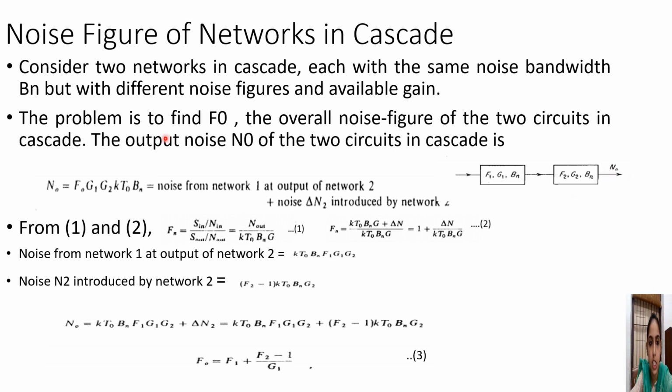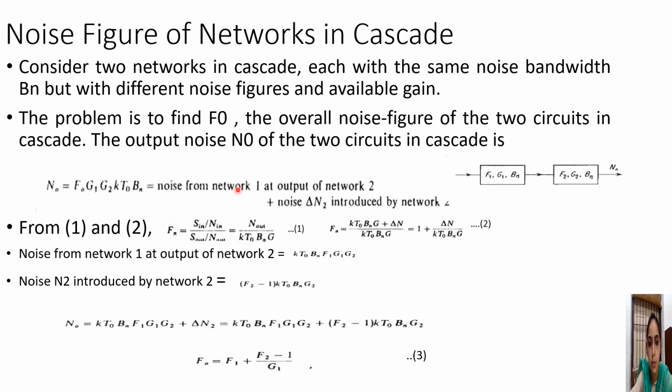So here we can consider the output noise of the two circuits in cascade. What will it be? F naught G1 G2, that is we have multiplied the gains. So the overall noise is F naught G1 G2 KT naught Bn. Bn is the same.